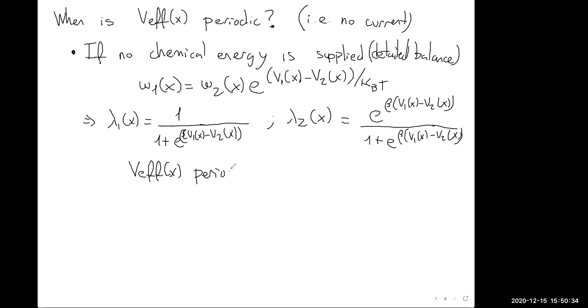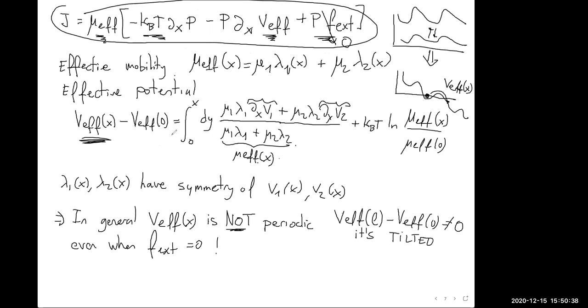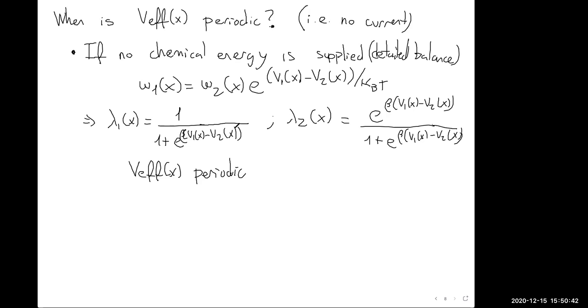Periodic. You can check actually with this formula. If you have this condition, this will be periodic, and then there's no current. This is called the detailed balance condition, and it's a very particular condition of the rates.